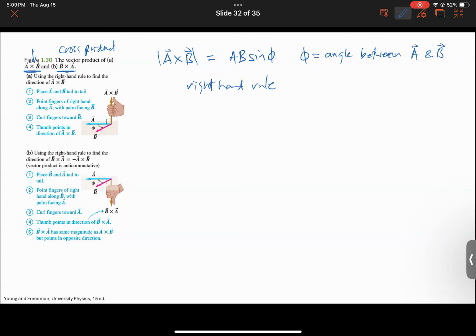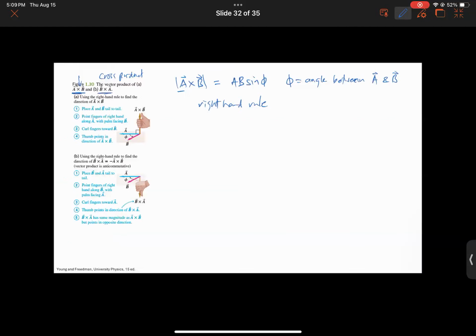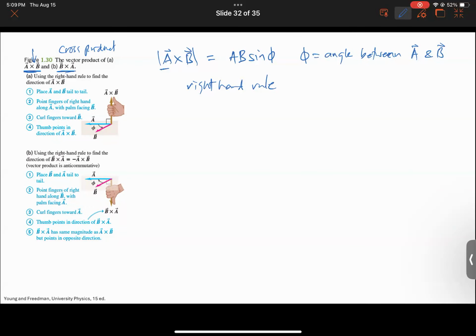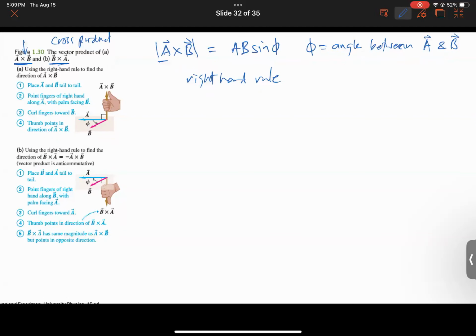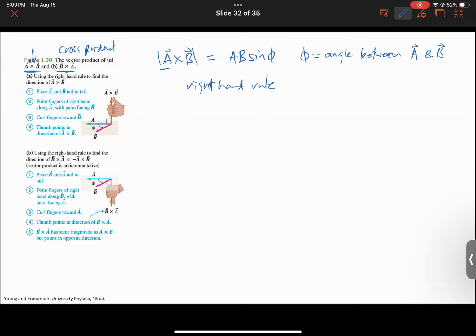Okay, so kung yung A yung unang vector, ilalagay niyo yung palms nyo pointing in the direction of A. So nakaturo muna sa direction ng A. And then, i-close nyo ngayon yung fingers nyo towards the direction of B. Okay? Kung saan nakaturo yung thumb, dun yung direction ng cross product ng A and B.